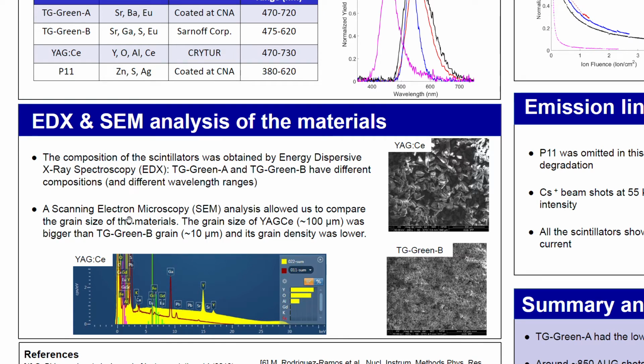Also, a scanning electron microscopy analysis has been done in order to obtain information about the grain size of the scintillator. As we can see, JAXI has a grain size an order of magnitude higher than TG Green B, and also its density is much lower.